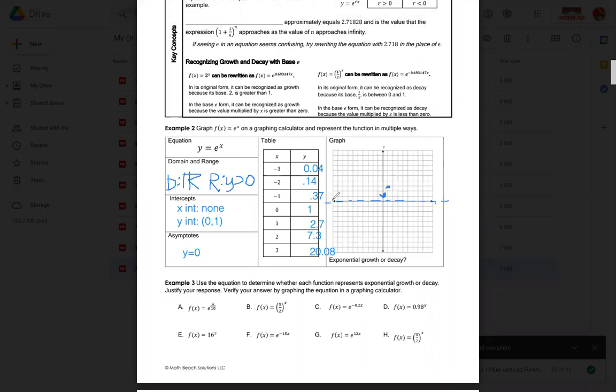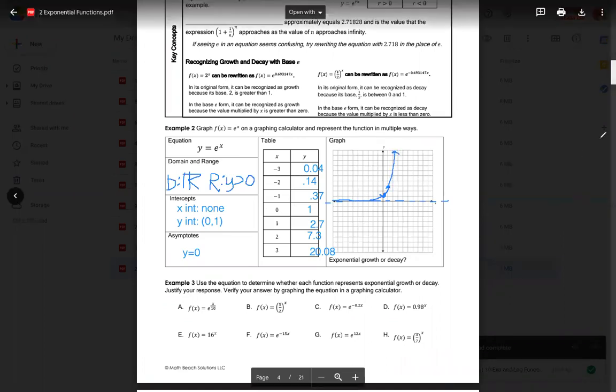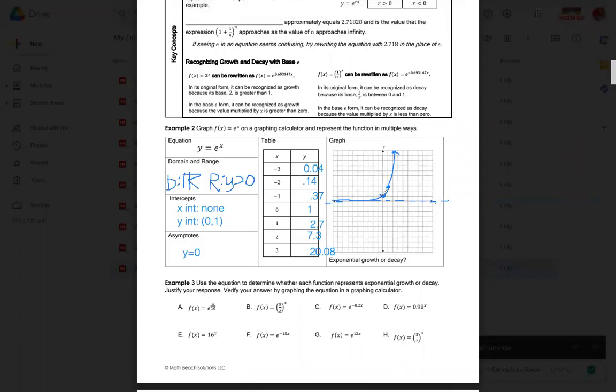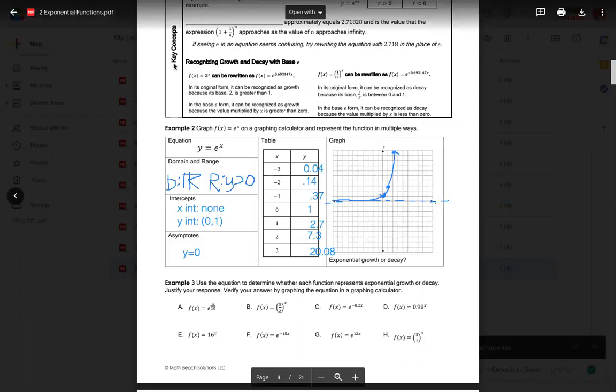Then you run your line along that asymptote, coming in smooth, hit that (0, 1) point, and then your next point is whatever your base is.